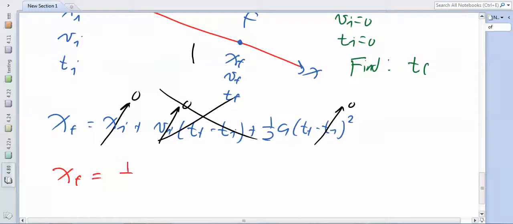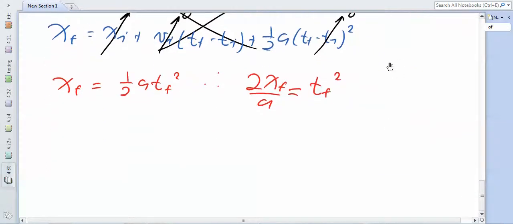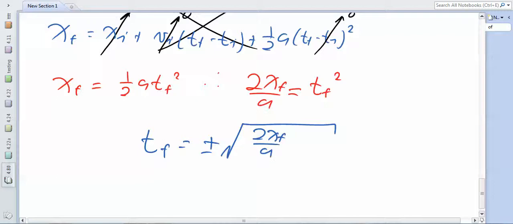xf equals 1/2 a times tf squared, and if I solve that for tf, I have 2 times xf divided by a equals tf squared, and then if I take the square root of both sides, tf equals plus or minus the square root of 2xf divided by a.